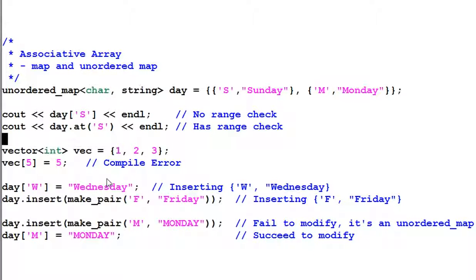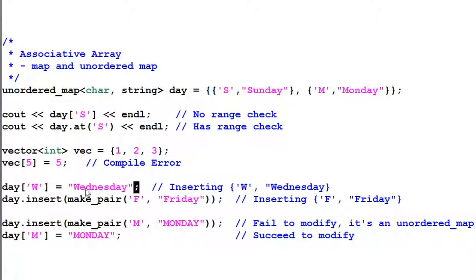One thing to note is that if I have a vector vec equal to 1, 2, 3, and then I do vec[5] equal to 5, this code won't compile because vec[5] is not created yet. However, for an associative array, if I do day['W'] equal to Wednesday, this will effectively insert the pair W, Wednesday into the container.